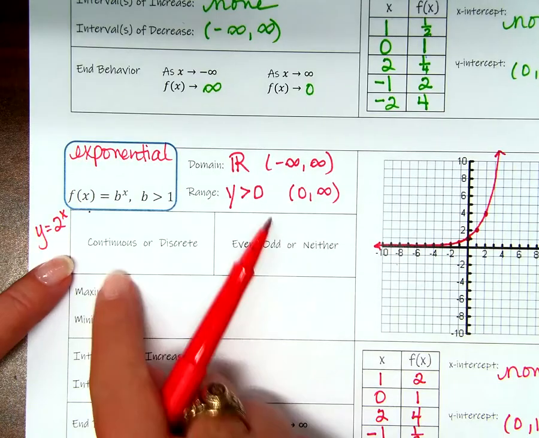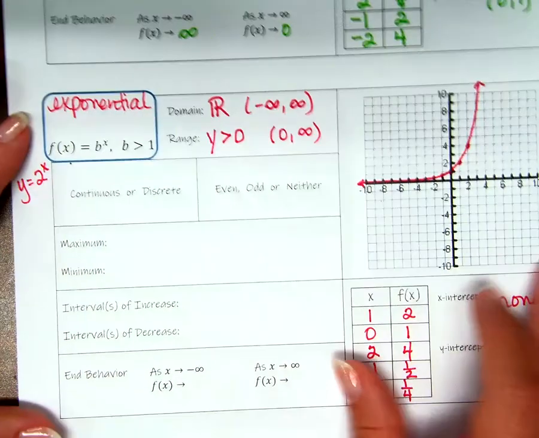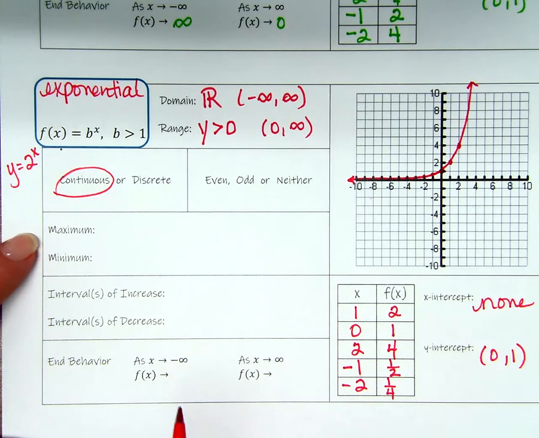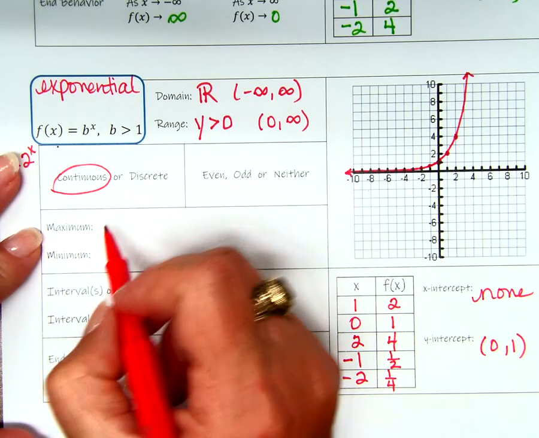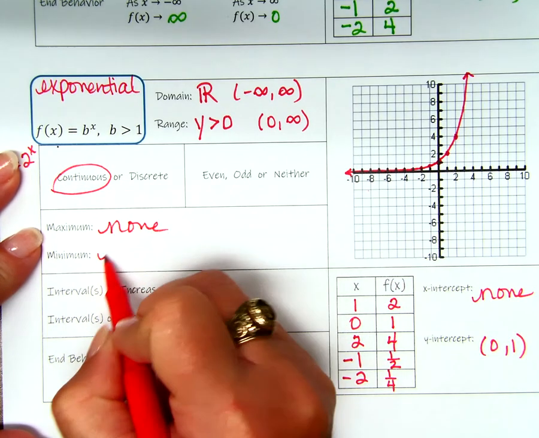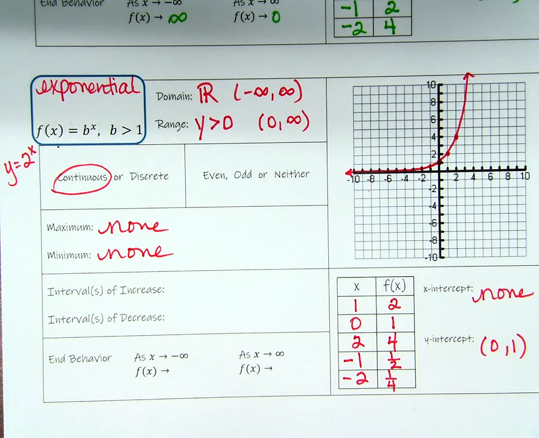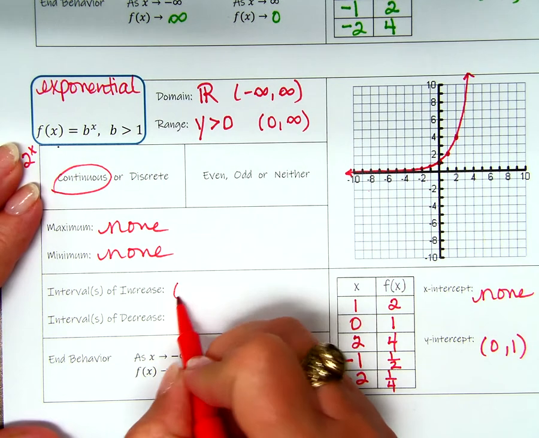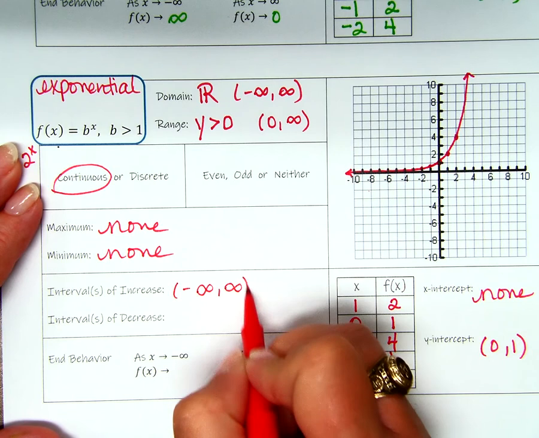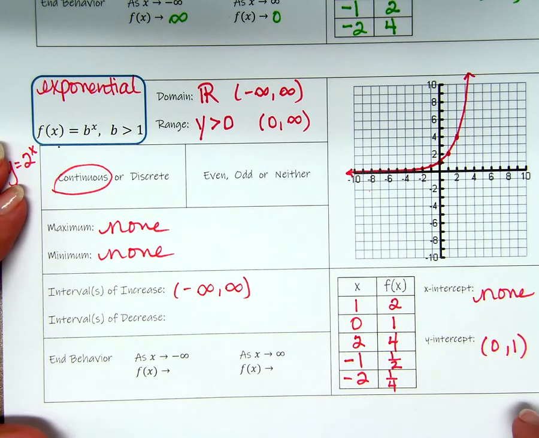Okay, what do I circle? Continuous, good. Maximum? None. Minimum? Intervals of increase. Where is it increasing? Oh, everywhere. So from -infinity to positive infinity, over the whole domain it's increasing, right? Where is the interval of decrease then?